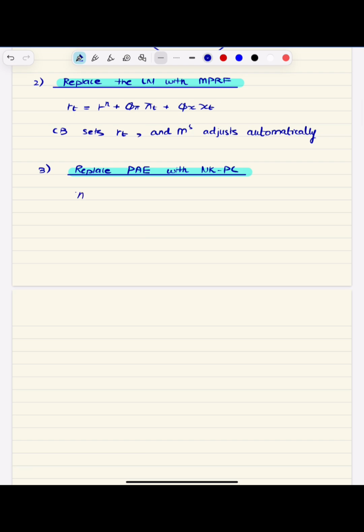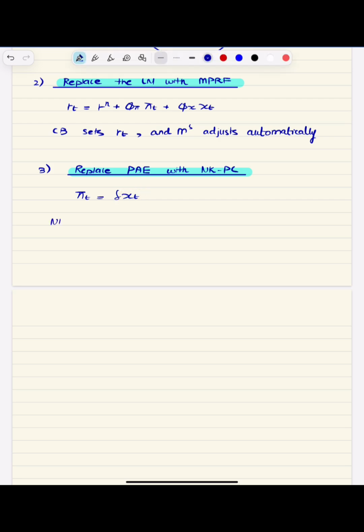New Keynesian Phillips curve looks like this: delta xt, and this is basically backward looking, and gap based. It is gap based because this is a gap, right? And it has no expectations.